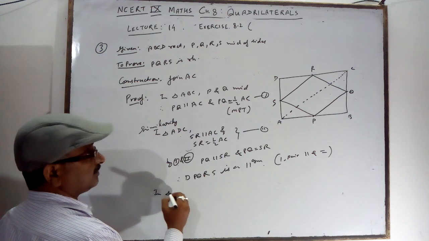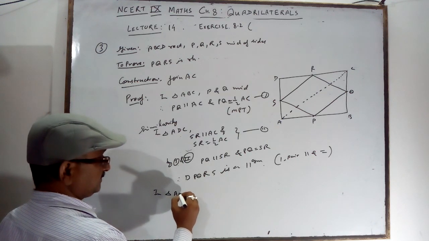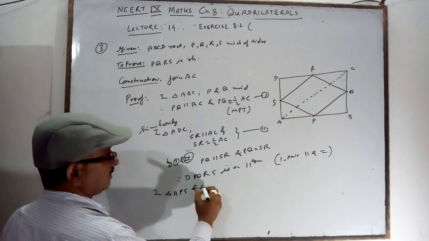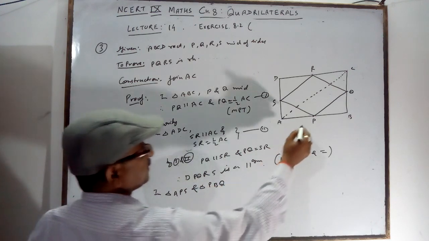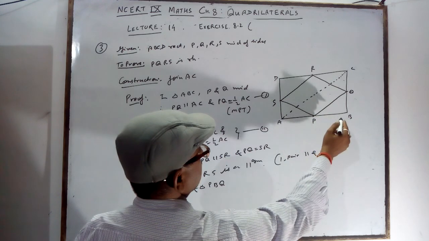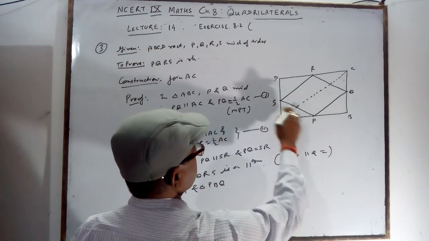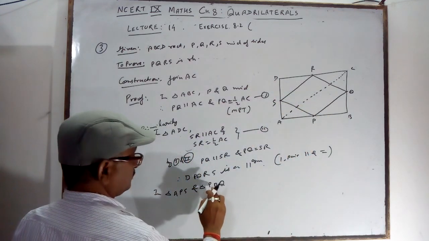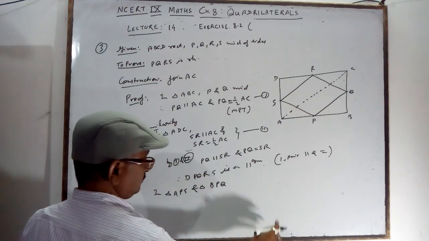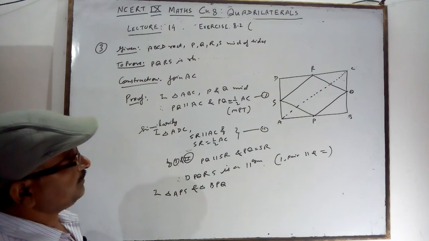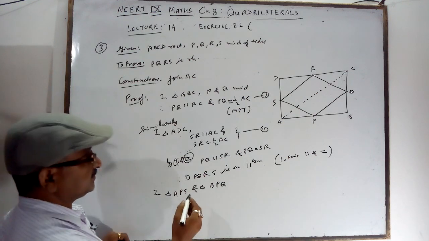In triangle APS and triangle BPQ, what will you get?